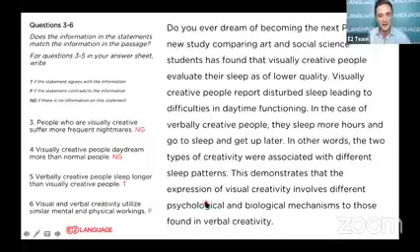So this one is false. The expression of visual creativity involves different, here it says similar. So there's the difference. There's the direct contradiction. Similar versus different. So not given, true, and false are the correct answers.